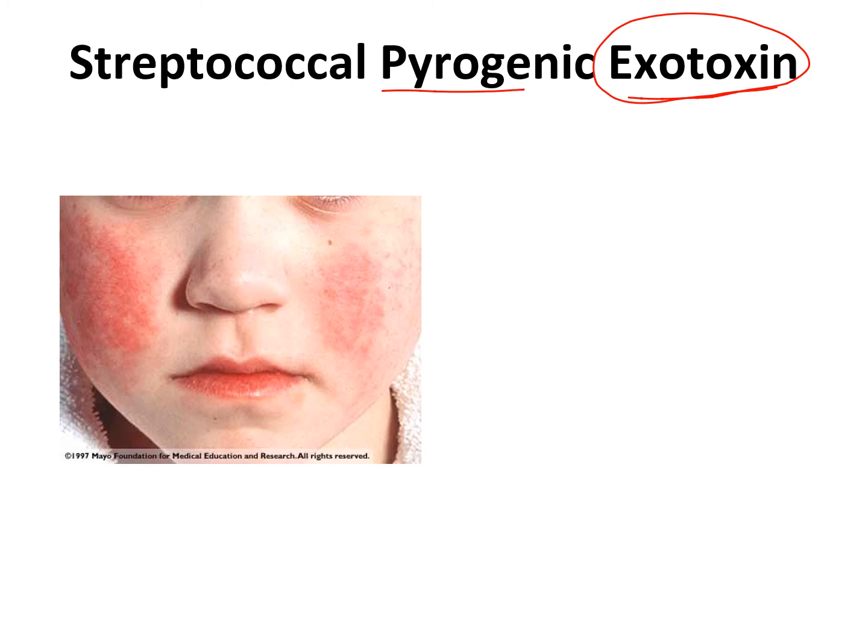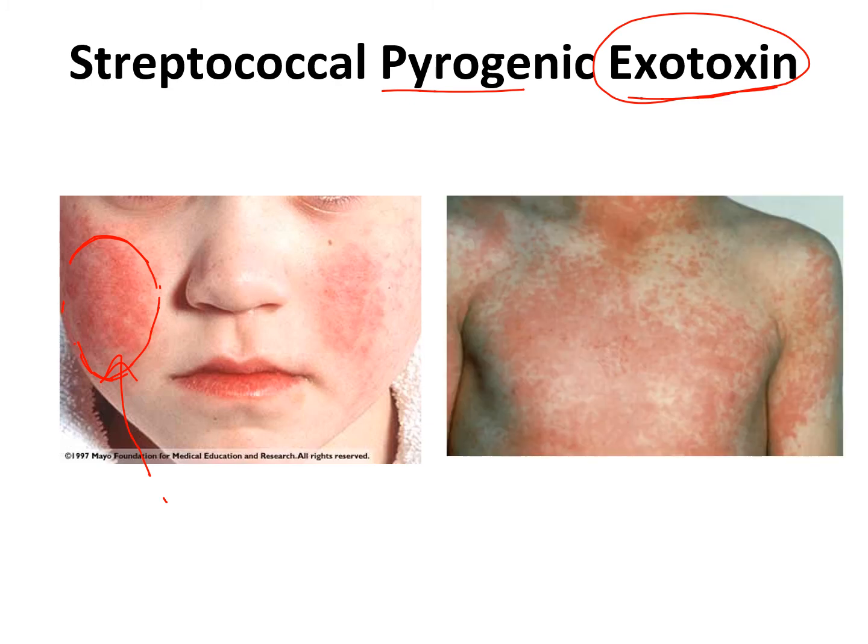What the exotoxin does is it damages the capillaries so that the capillaries in the skin will leak blood, causing this rash. So that's the scarlet fever aspect of this infection. It often starts in the face because the streptococcus enters through the respiratory system and then spreads to the rest of the body.